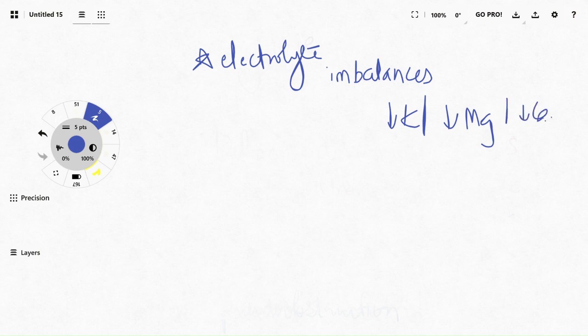So what would cause these electrolyte dysfunctions? Off the top of your head, I'm going to give you a minute or two to think about it. What do you think causes electrolyte imbalances? Okay, I'm going to give it to you.